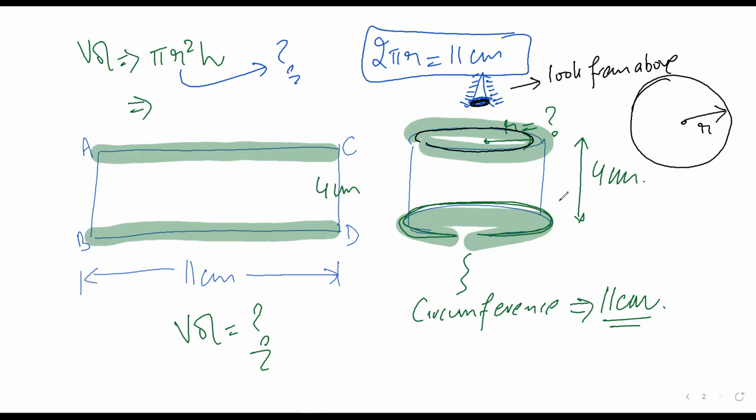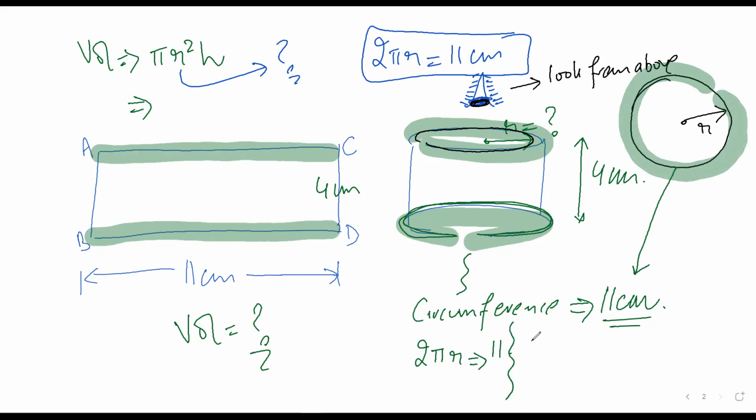Now, you are well aware that the circumference of this circle, how much is this, Satya? 11 centimeter. We are aware that this is 11 centimeter. Therefore, 2 pi r is equal to 11. Satya, do you agree? Yes, sir. Therefore, 2 into 22 by 7 into r is equal to 11.